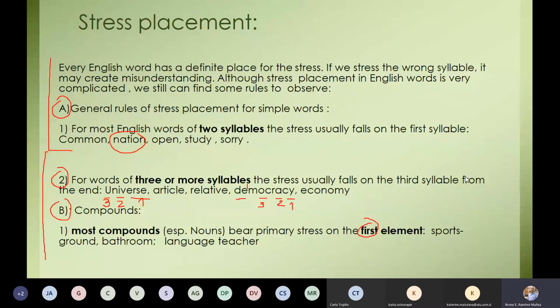Javiera Avila, what are your words and which rule do they follow? Can you listen to me? Yes, loud and clear. For the first, I found childhood, for general, 2 syllables, and reason.